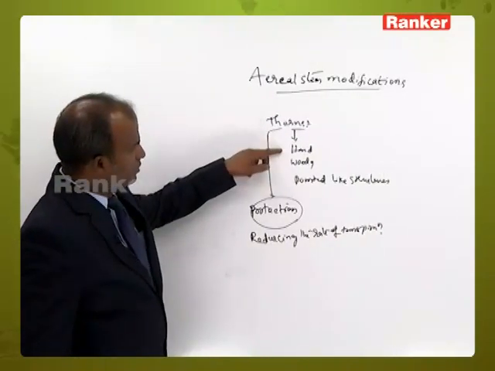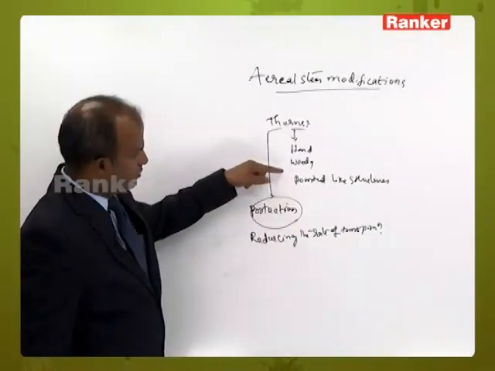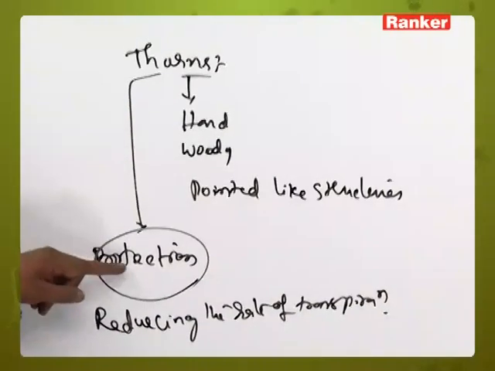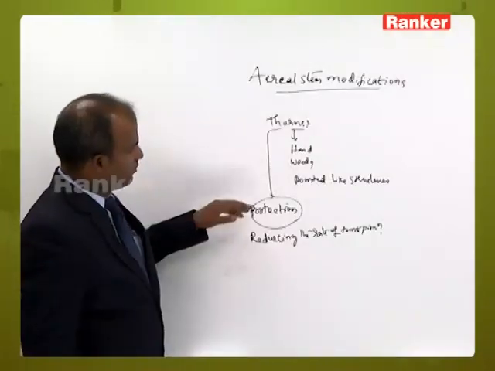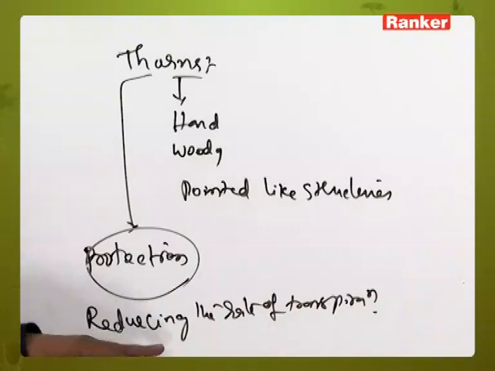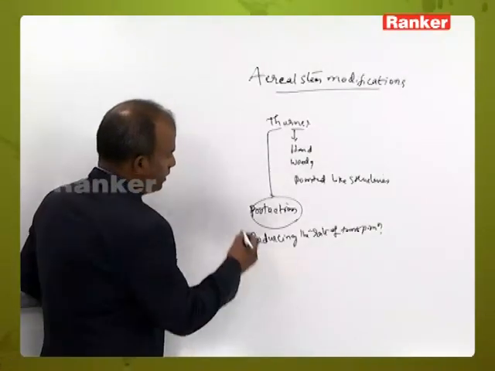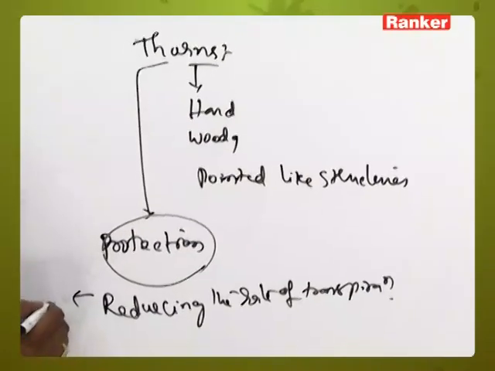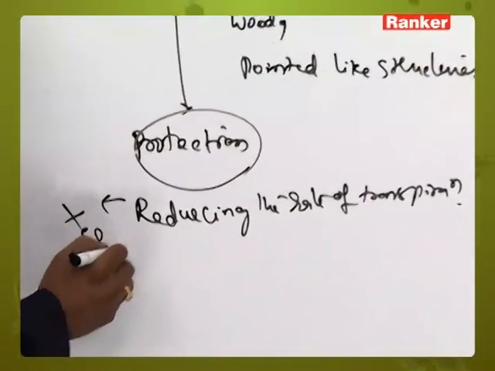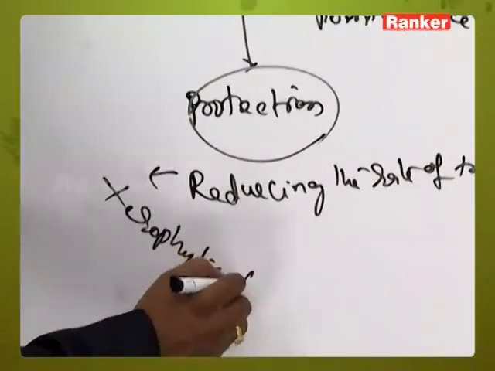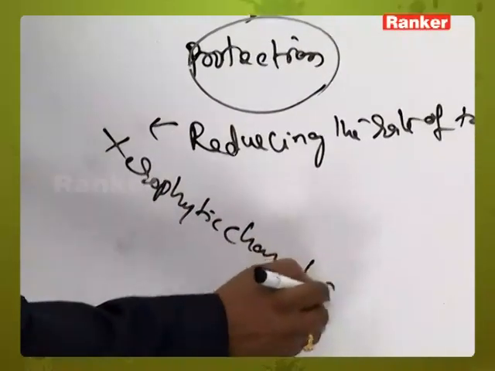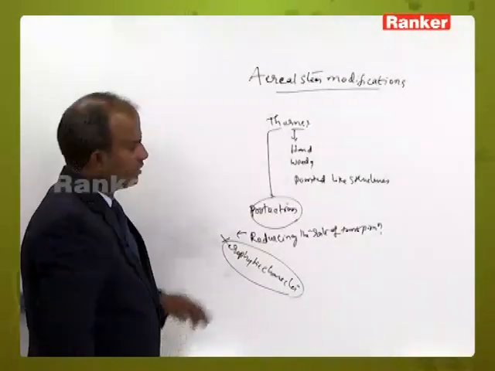That means as thorns are hard, woody, pointed structures, due to the pointed structure they play an important role in protection, and they also help in reducing the rate of transpiration. So it is one of the xerophytic characters.